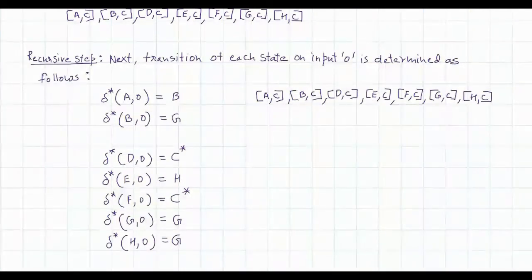For example, the first pair is A comma C. Is A present on the right hand side? No. C is present, but A is not. That means whichever pair has A in it, we will not consider, because it will not be fruitful. Since A is not involved on the right hand side, we are not going to check for this.